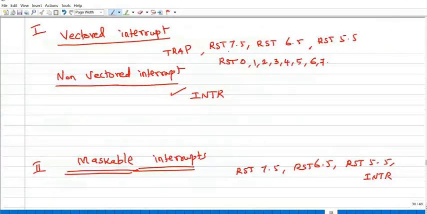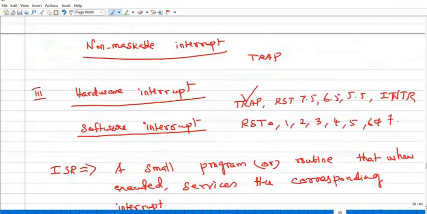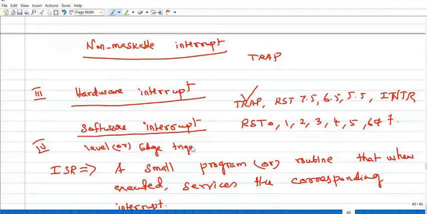So vectored, non-vectored, maskable, non-maskable, hardware interrupt, software interrupt, and the fourth category, level triggered or edge triggered, depending on the triggering.